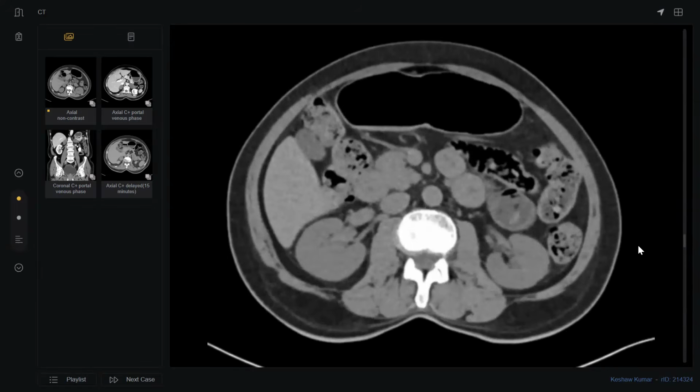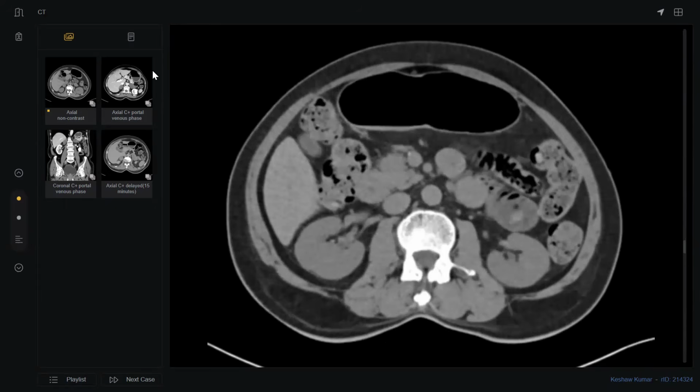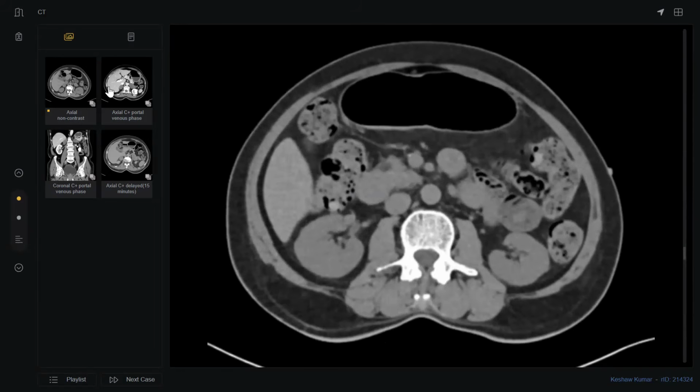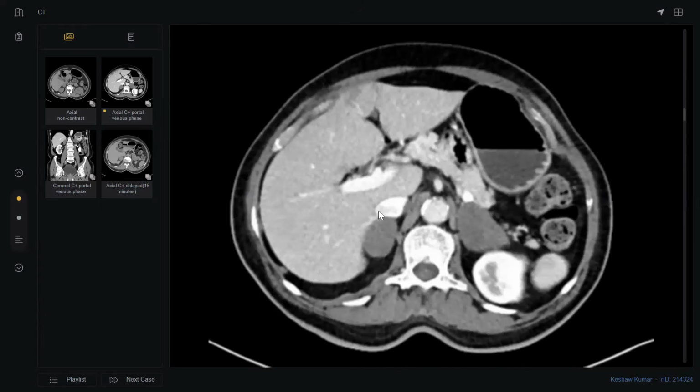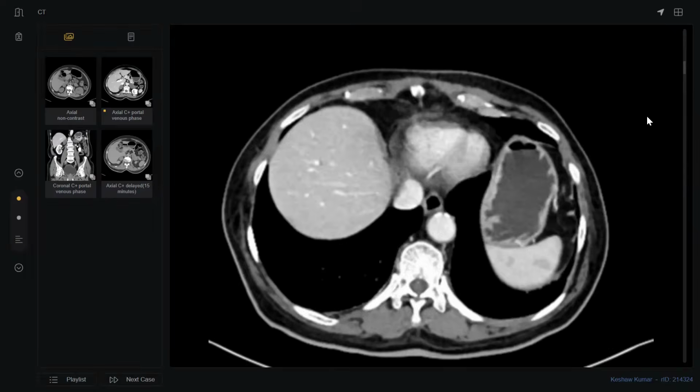I am concerned about malignancy. I would like to see the contrast enhanced phases for this case. This is the contrast enhanced. Okay, so in contrast, I notice. I think again I have to request control. Okay, so now it's working.